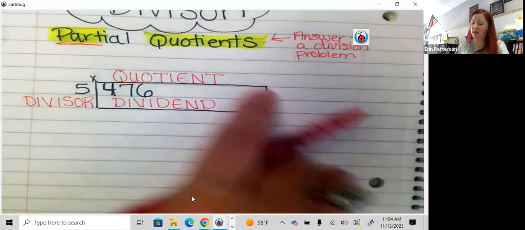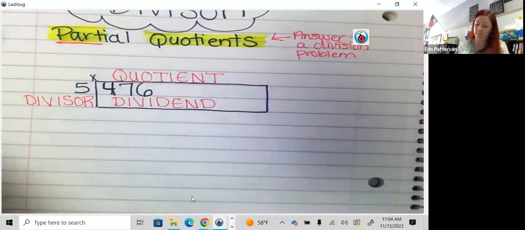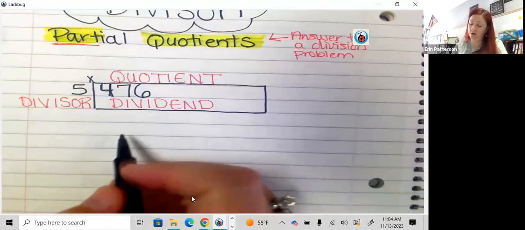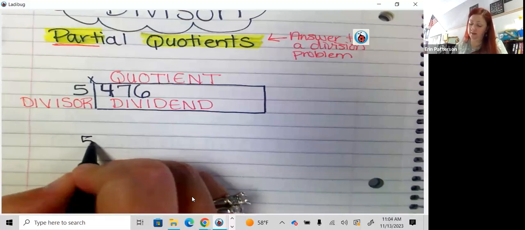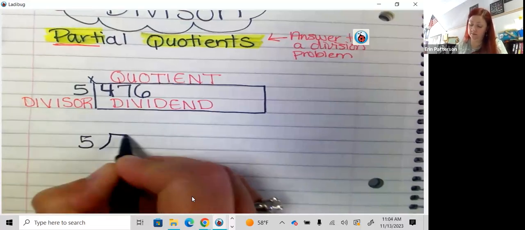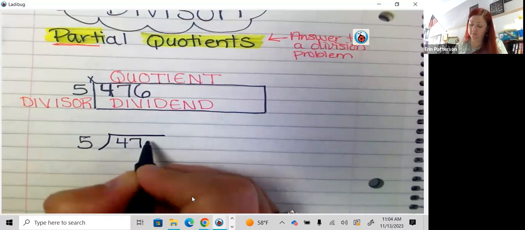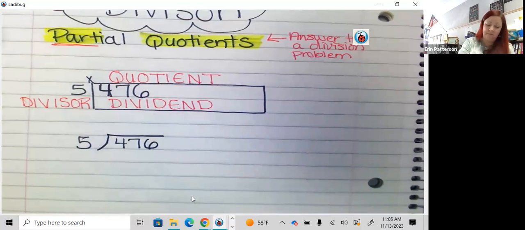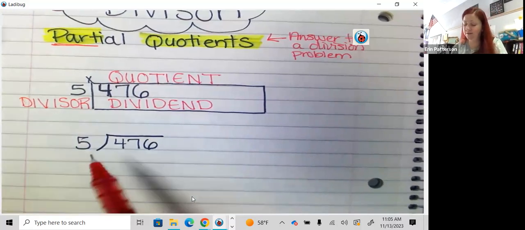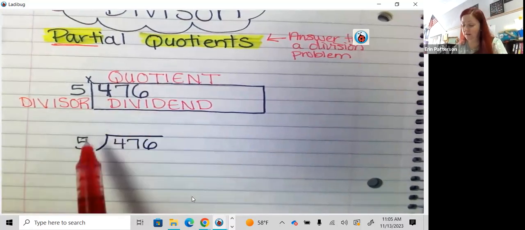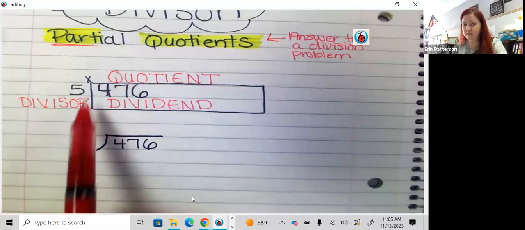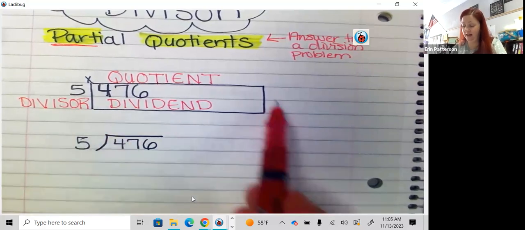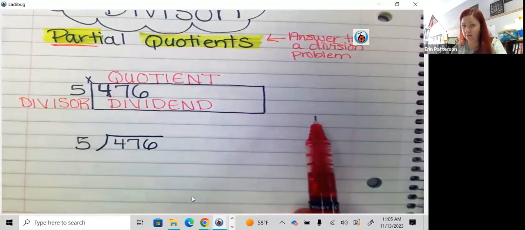So you may see it like an area model, or you may see it with this symbol. Do you see where the 5 and the 476 are? Samesies, just one has an area model attached to it.